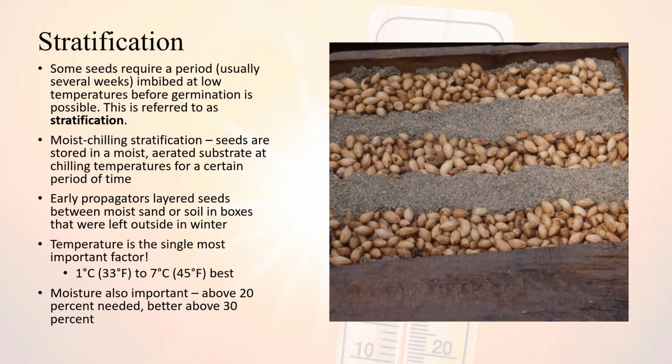Now, early propagators layered seeds in between moist sand or soil in boxes and left them outside, which is where this term comes from. They made stratified layers of sand and seeds. If we're talking about stratification, temperature is the single most important factor. It needs to be cold enough to alleviate this dormancy condition, so we need to keep our temperatures between 33 degrees Fahrenheit and 45 degrees Fahrenheit. We don't want them freezing because that will damage our seeds.